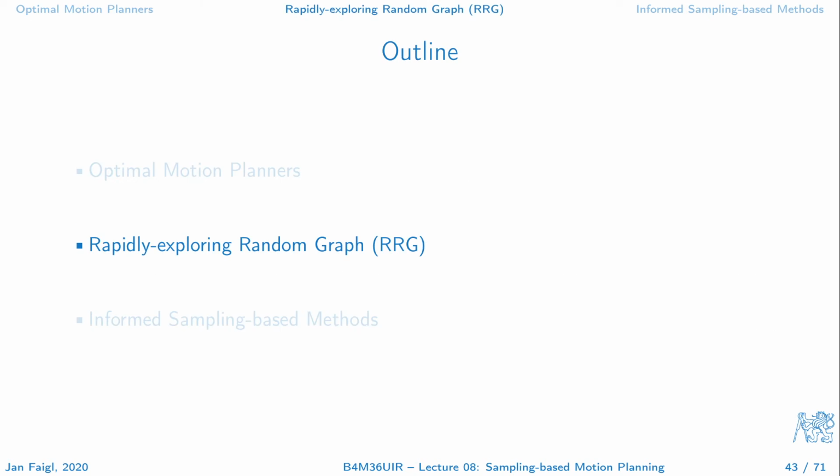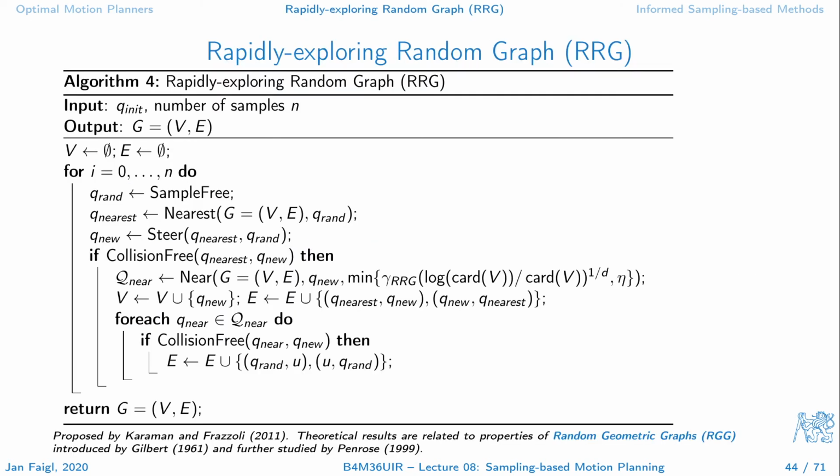And what is studied in the rapidly exploring random graph is that we need to introduce the notion of how to actually improve the path. It is also related to random geometric graphs, RGG. And we need to search for an improving path within some ball radius, and it is captured here.